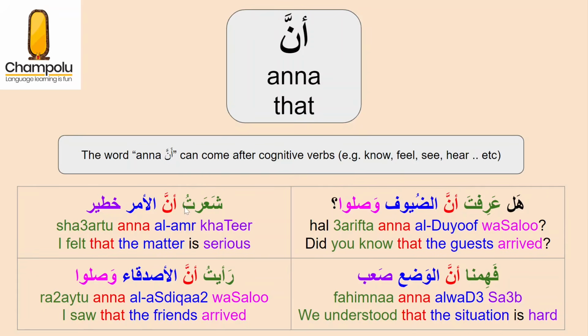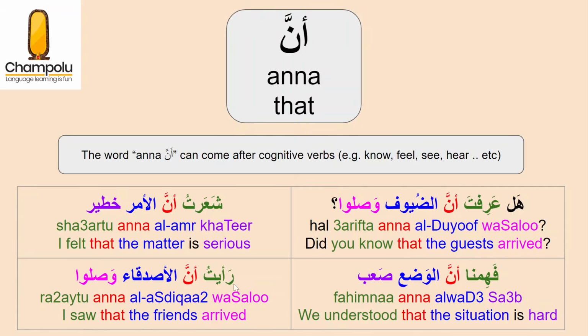And then we have something like فهمنا أن الوضع صعب. We understood that the situation is hard. So here our verb is فهمنا, which is فهم or يفهم, but here it's conjugated in the first person plural, like we understood in the past.